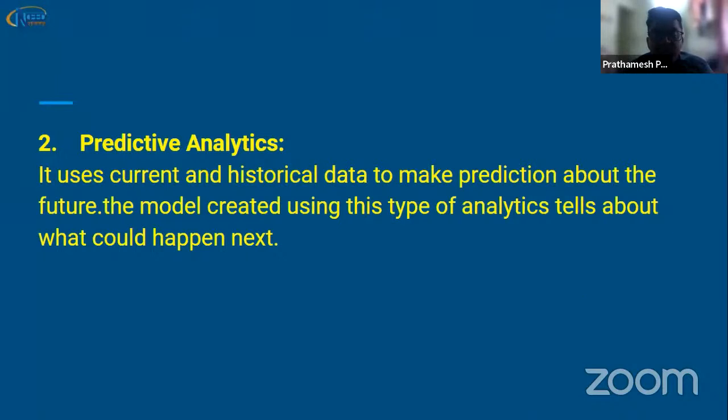But if we have a good experience of a particular thing or person, then in future we can easily predict that the step we are going to take will be the safe one. So in simple terms, predictive analytics uses current and historic data to make predictions about the future.